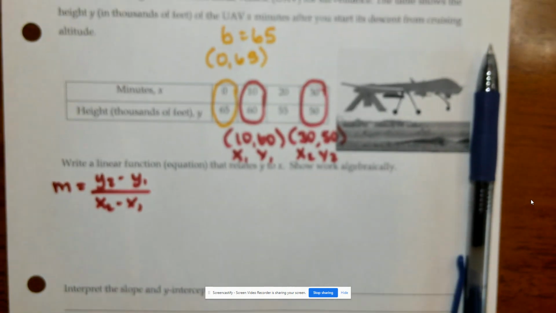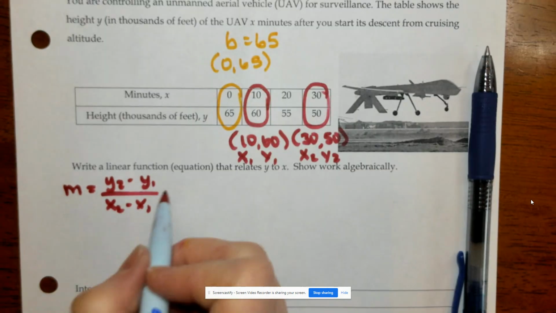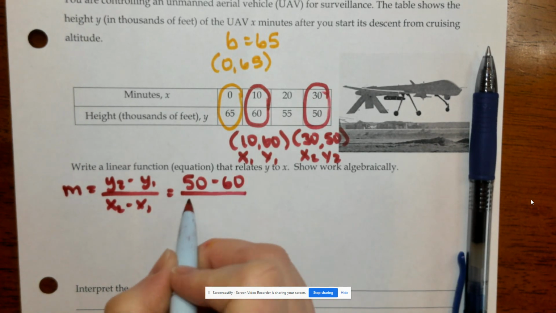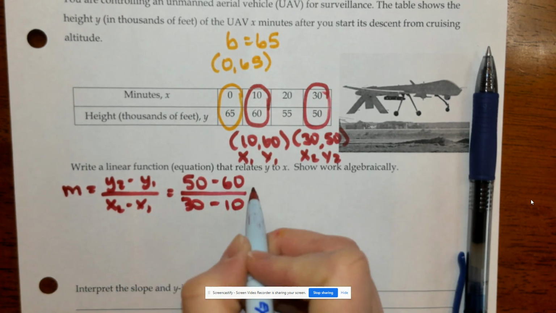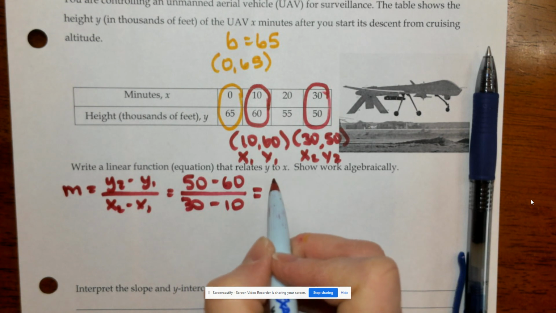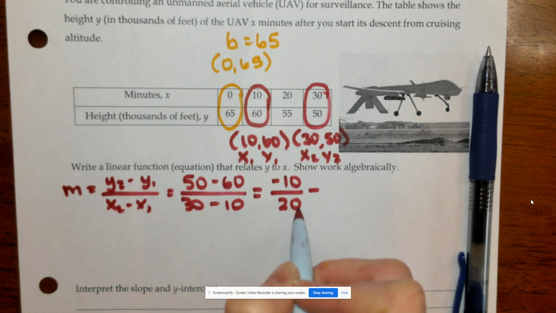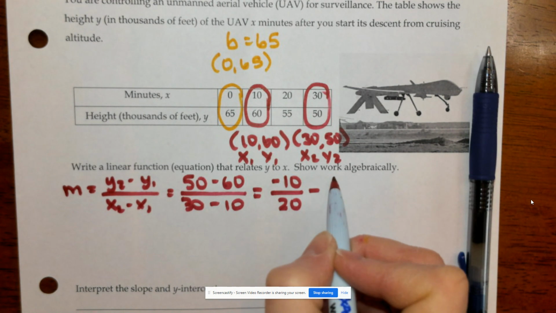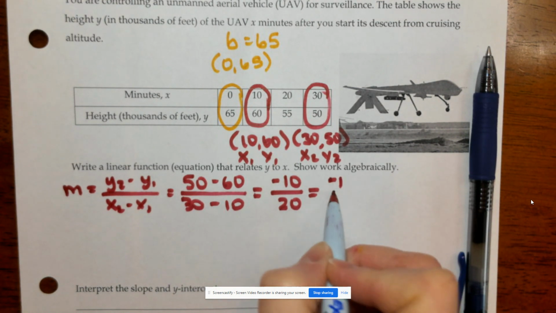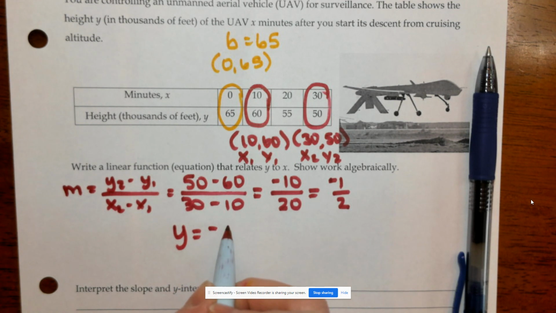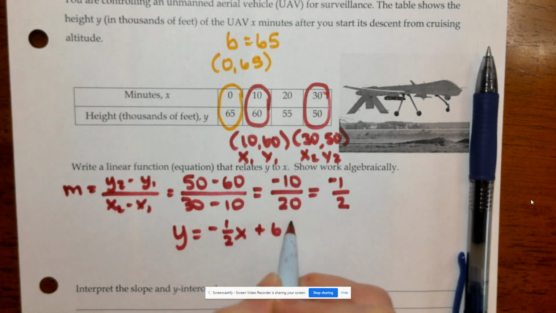And so when I go to find my slope, I'm going to have 50 take away 60 over 30 take away 10. I see a lot of negatives in my future, but that's okay. Negative 10 over 20. Negative divided by a positive, it stays negative, but lowest terms would be negative 1/2. So it's going to be y equals negative 1/2 x plus 65.